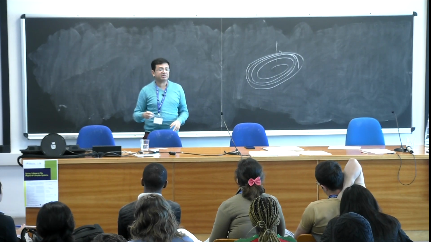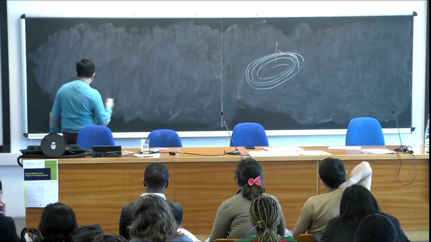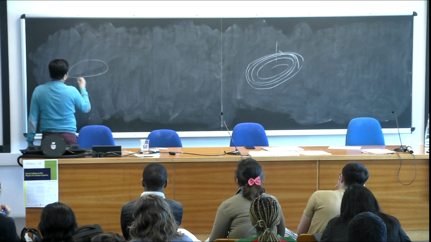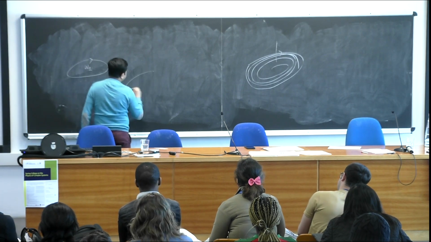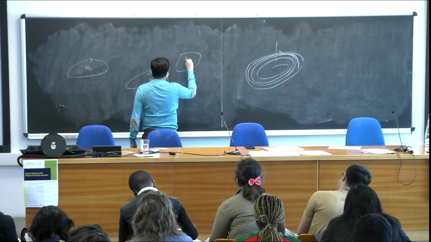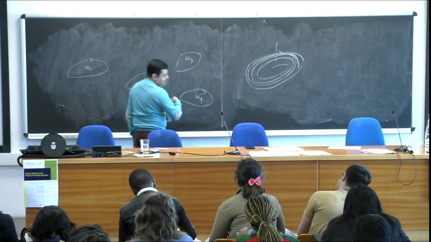Each one has a different value of frequency. So let me just draw this eventual picture. You have one limit cycle which has frequency omega 1, another one which has frequency omega 2, another one which has frequency omega 3, another one omega 4. There are many such limit cycles.